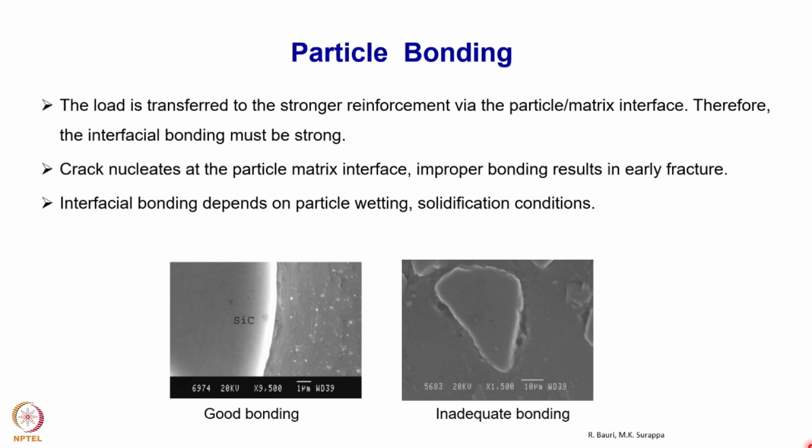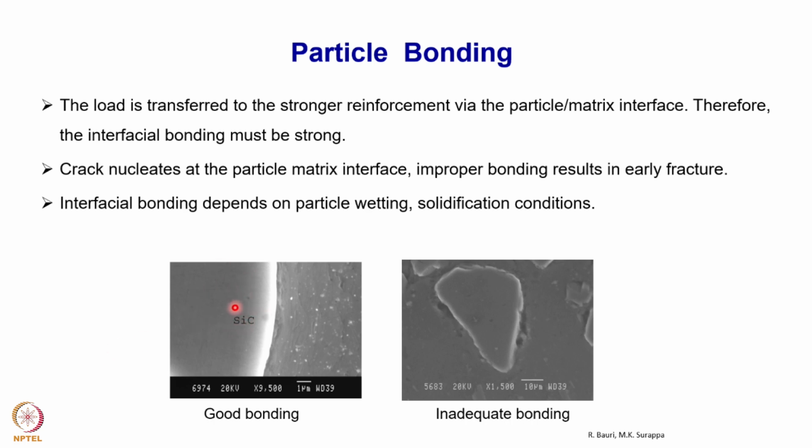This is an image which shows you what kind of bonding we are talking about. This is the finally formed composite material. After the solidification, the composite has been made, and then a sample has been collected from that, it is polished, and a micrograph is taken in the scanning electron microscope.